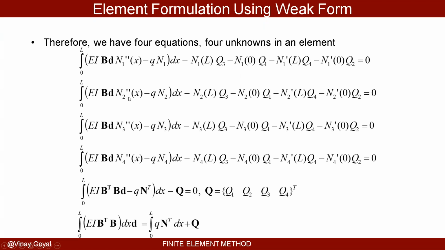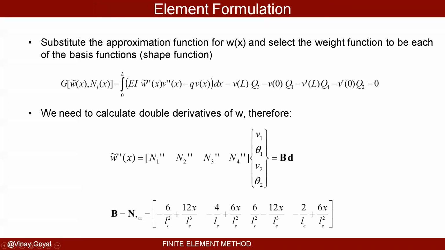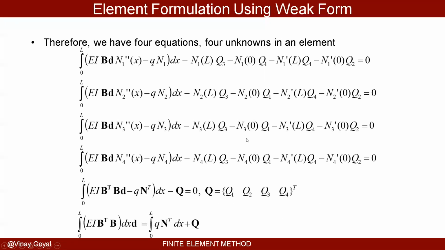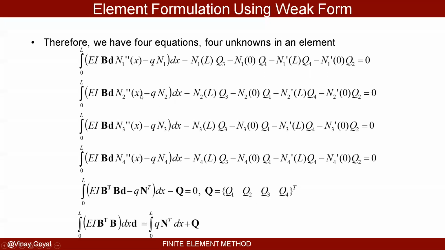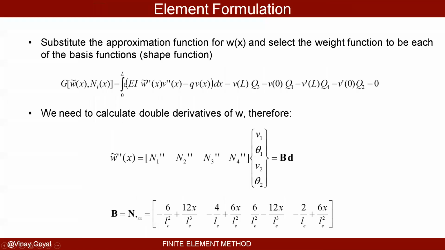The second equation, very similarly, let me repeat again in case it was unclear. For W double prime, I have to plug in B bold, D bold, because that's what that is. So I've done that. And I have here a V. For that V, I'm going to put N2, right? And for that, I get N2 double prime.